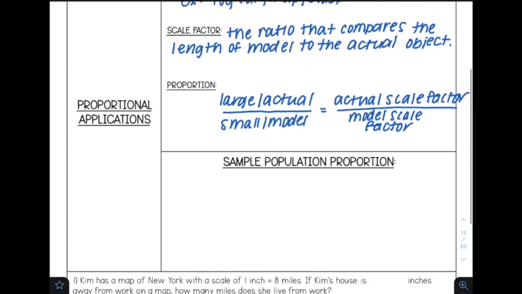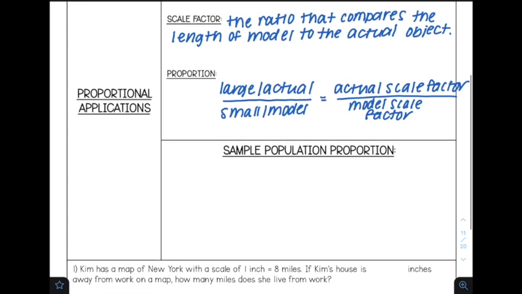Now moving on to the second concept, or the real world concept, sample population. A sample population is when you take a selection of a larger group, or you use that selection to represent the larger group. So the sample population is a selection taken to represent a larger group.